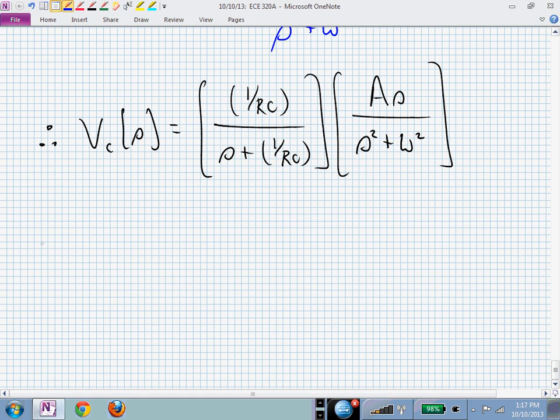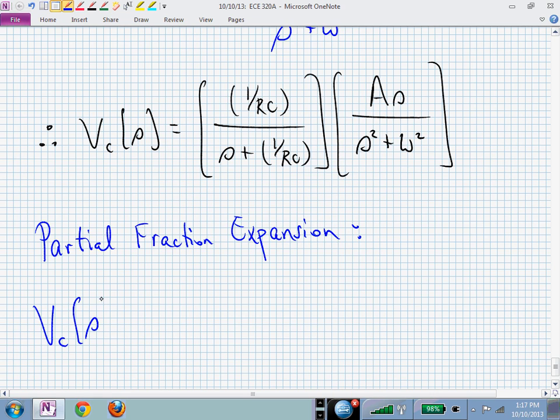What if I said, I want to see the time domain answer? Now you have to do the inverse Laplace, the partial fraction expansion. What's the partial fraction expansion of V sub C of S look like? How many terms are you going to have?